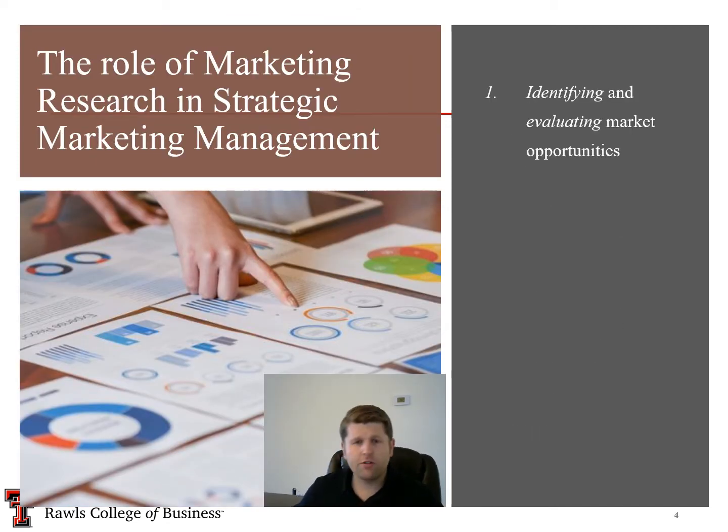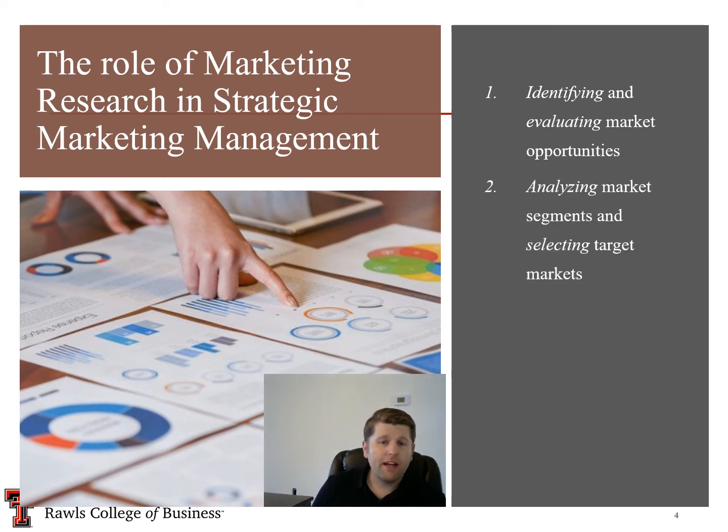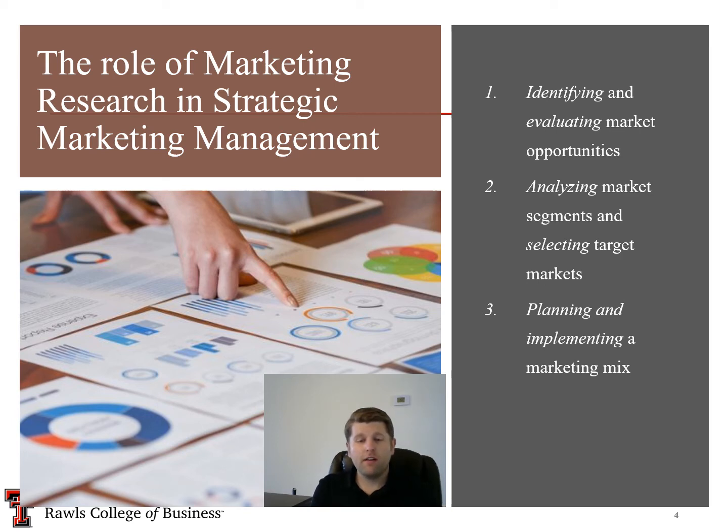Its role in strategic management is to identify and evaluate those market opportunities, analyze different market segments, and select target markets, which we'll be talking about in future chapters. It also helps us plan and implement our marketing mix. So if you remember the 4 Ps, product, place, price, and promotion, we use marketing research to plan those 4 areas and then implement those 4 areas also.